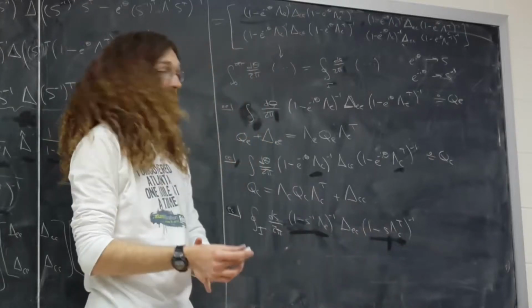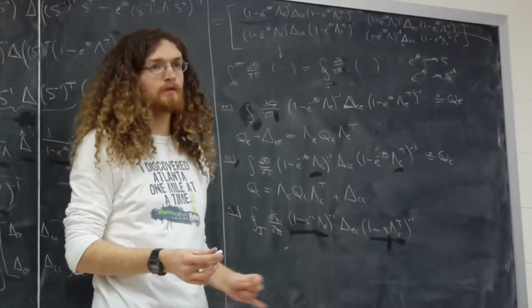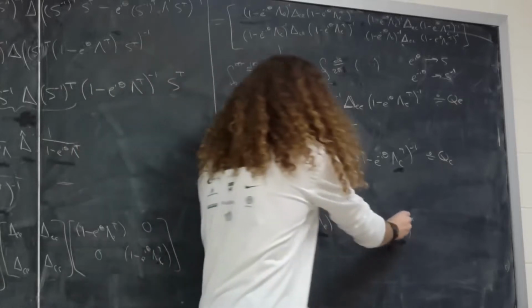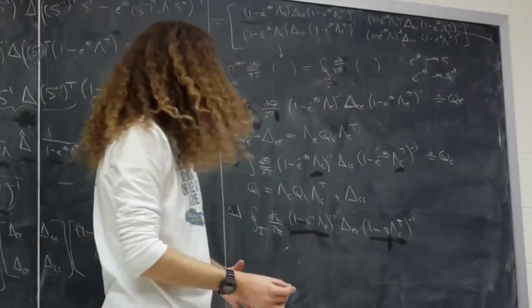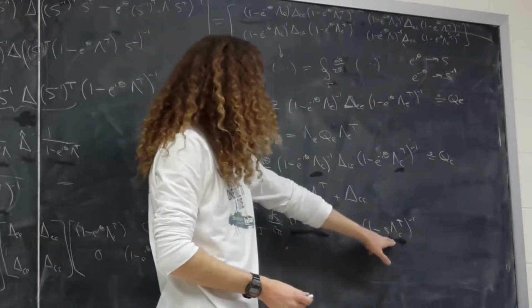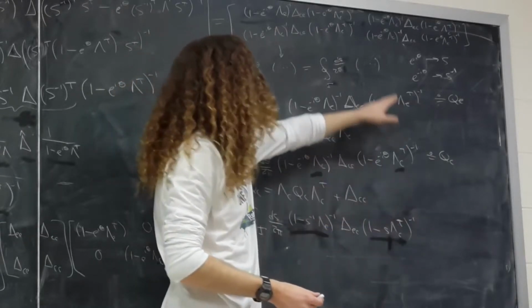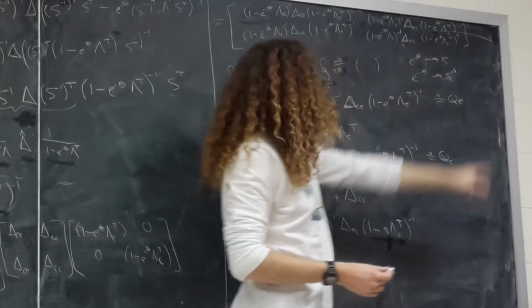That's the transpose. So S is one of the eigenvalues of lambda C transpose. S minus 1? This is just S, because it comes from there.